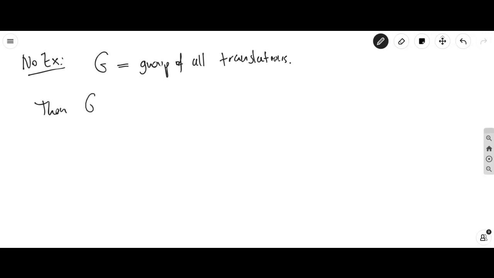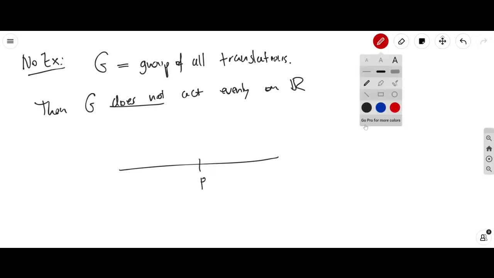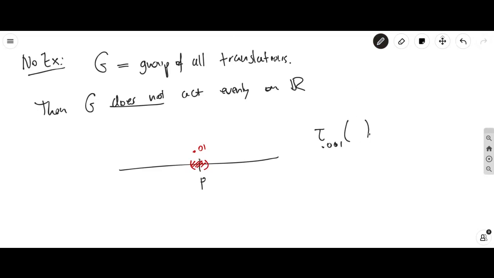And then G does not act evenly on R for a very simple reason, because here you have a point P. No matter how small you make that interval, there's a translation of arbitrarily small size. So let's say this interval has thickness 0.01. Well, you take a translation, let's say you take a translation of 0.001, so even smaller.